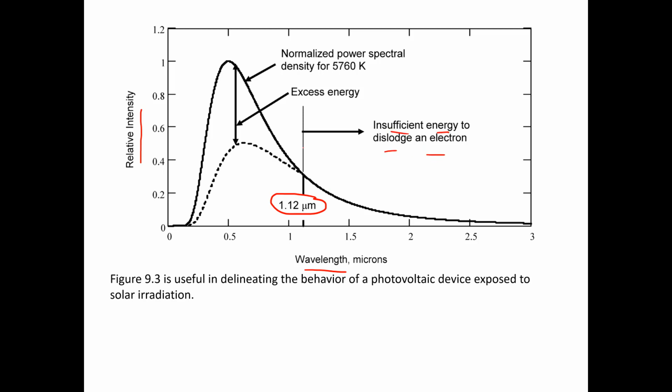Anything less than that has excess energy, so there's going to be extra heat dissipated for all wavelengths that have less than 1.12 micrometers.